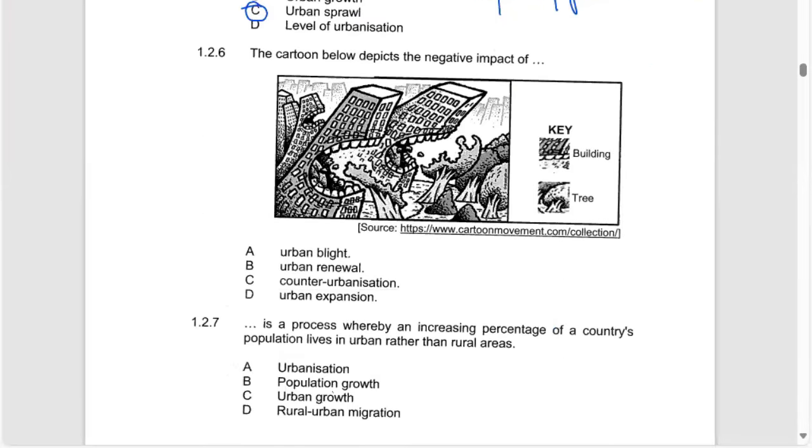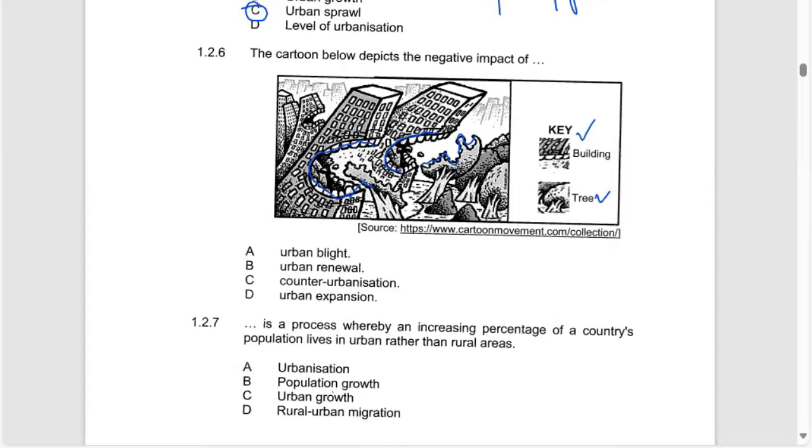Right. Then 1.2.6, it says the cartoon below depicts the negative impacts of dash. Let's analyze the cartoon. We can see that this is a representation of buildings and these are trees. We are seeing a building which is portrayed as consuming the trees. So a building is actually eating up the trees, like what you are seeing, these trees being eaten by this building here. What scenario is being depicted here?